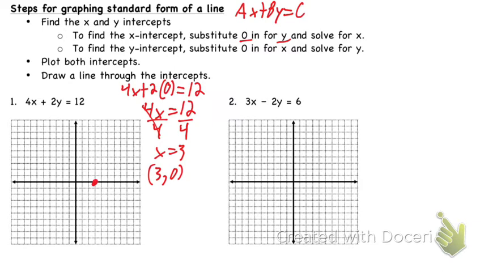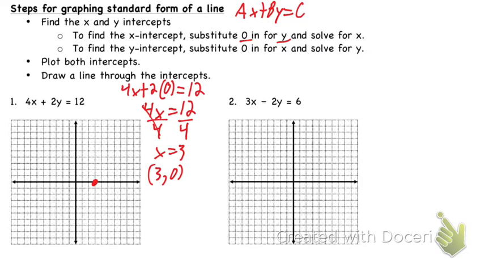Is that on the x-axis? So it's our x-intercept. It's where this line that we're about to finish graphing hits the x-axis. So when we plugged in 0 for the other variable, we got the x-intercept.